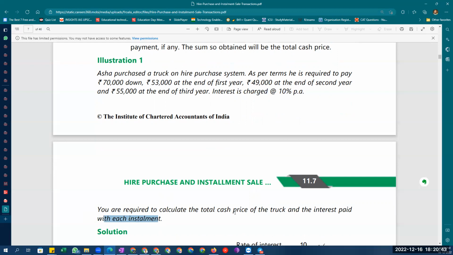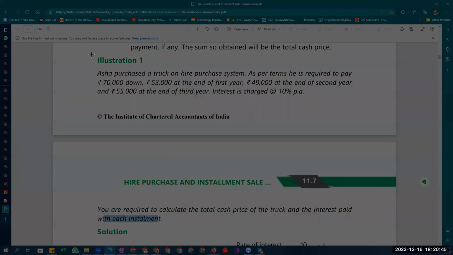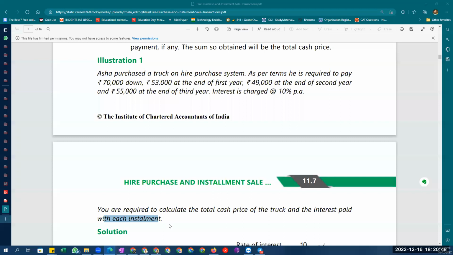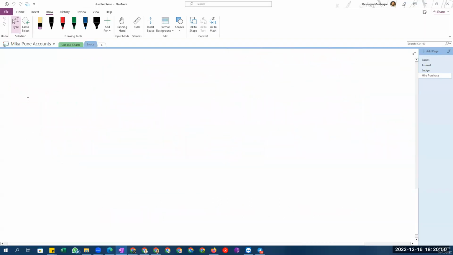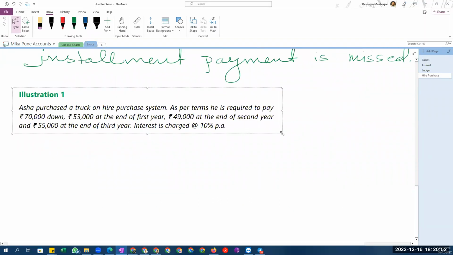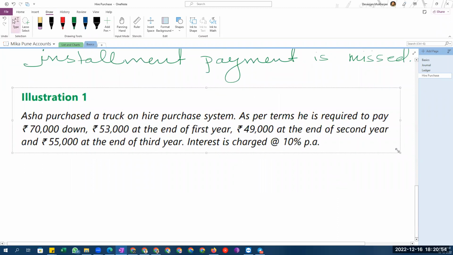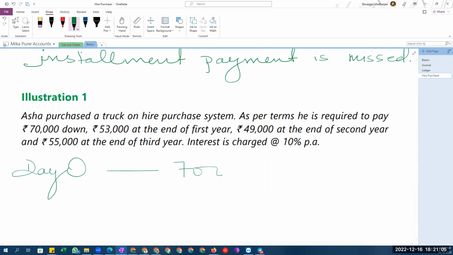Now understand, let's quickly take this question onto our whiteboard and try to understand this. This particular question is saying that you should understand what the various parts of the question are. The first part is that there is a down payment of 70,000, meaning at day zero we are paying 70,000.